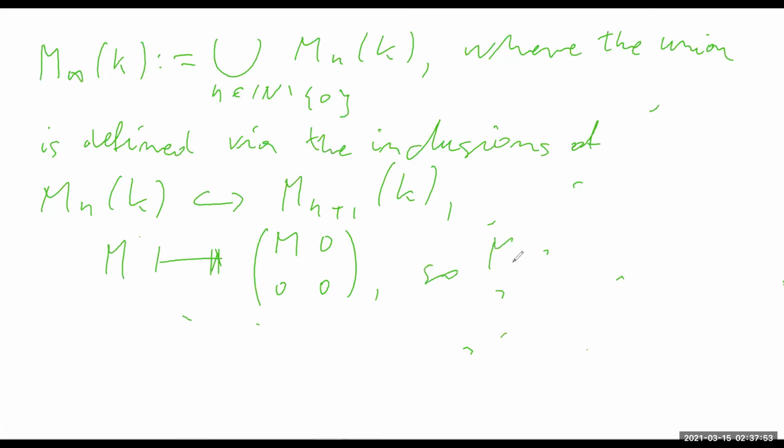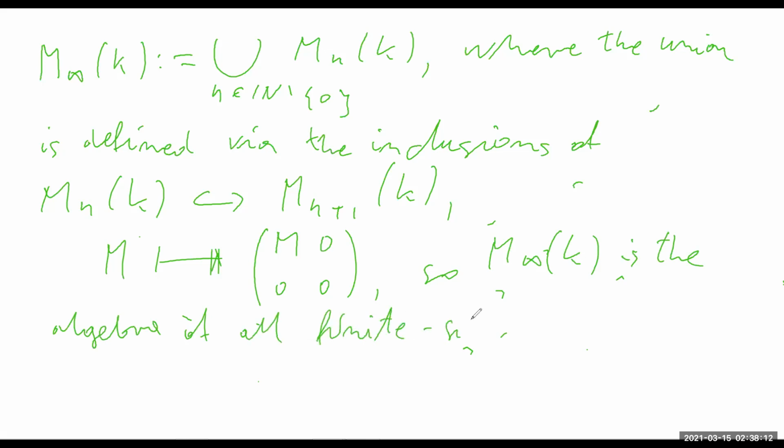So M infinity K is the algebra, non-unital of course, of all finite size matrices. And this algebra is also simple.